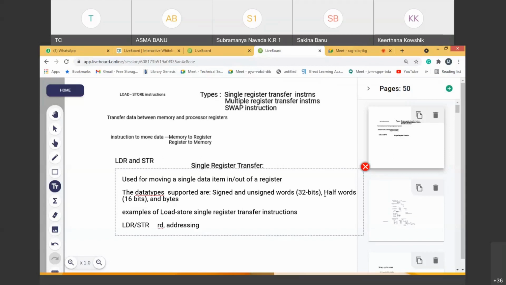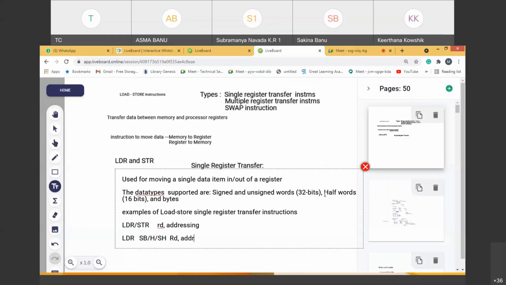I can have LDR, and there might be some other terms I can add. I can put a condition. I can have signed byte, signed half word. Let us not worry about this, we'll come back. Then Rd, then addressing.